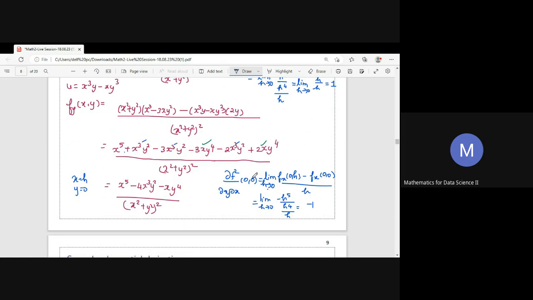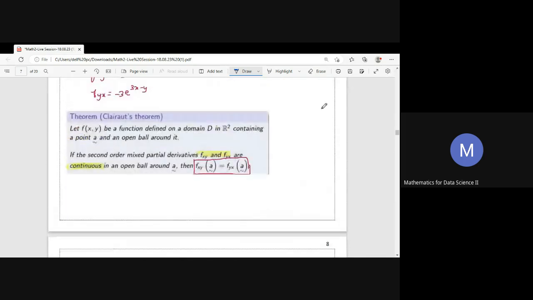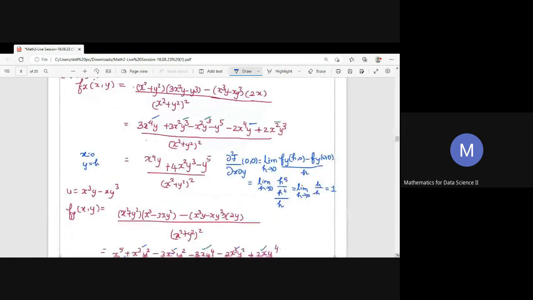So are the mixed partial derivatives the same at the point (0, 0)? No. So why has this happened? Look at Clairaut's theorem. In Clairaut's theorem, only when you have continuity at the point, then only do you have this equality of the mixed partial derivatives.